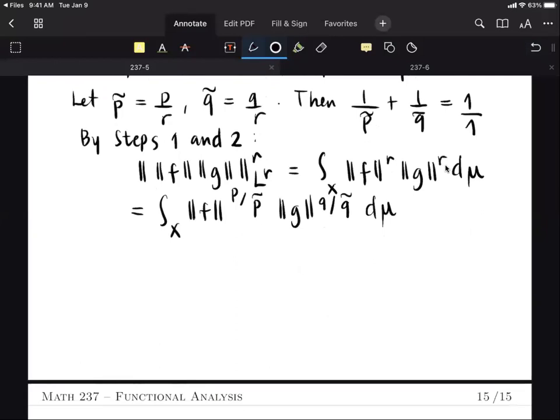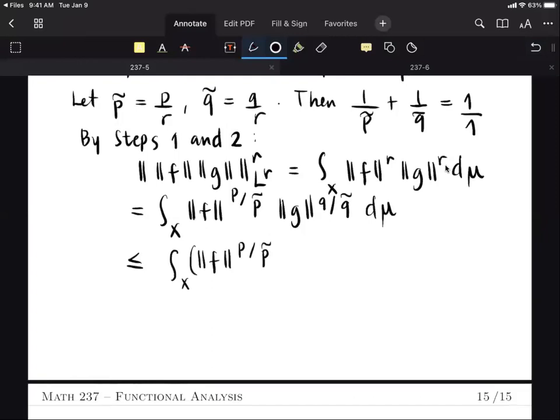So we will apply Holder's inequality. Here you will get the LP tilde norm.